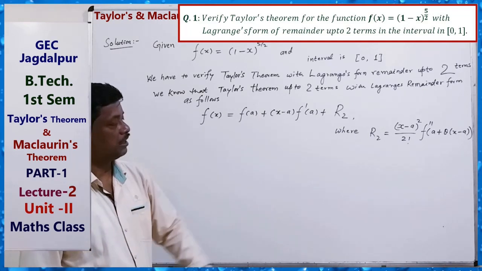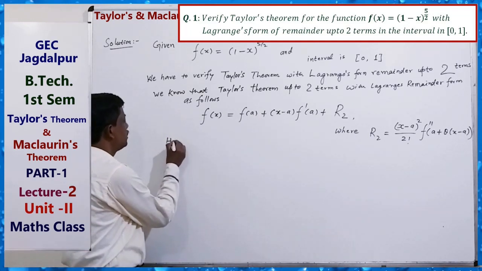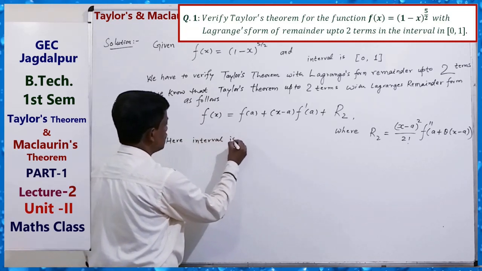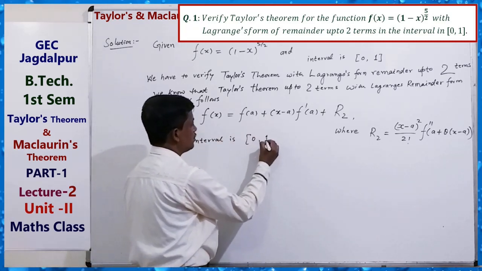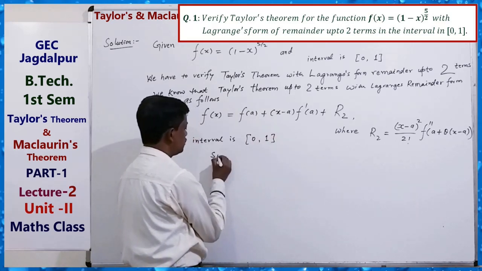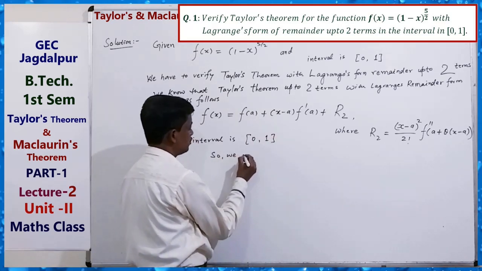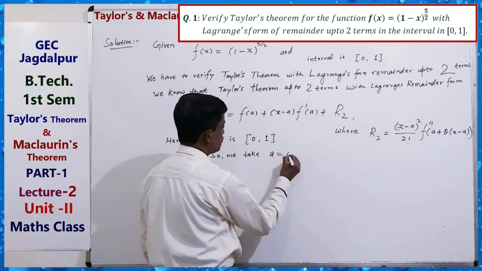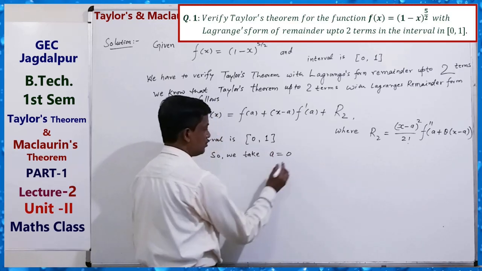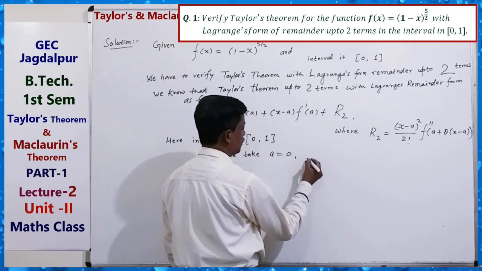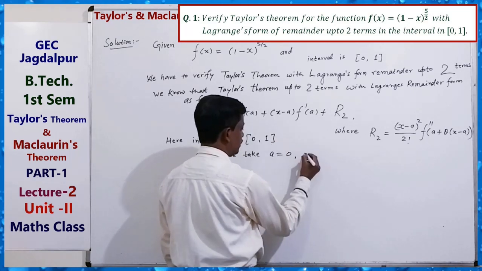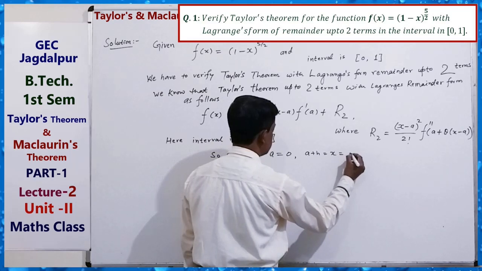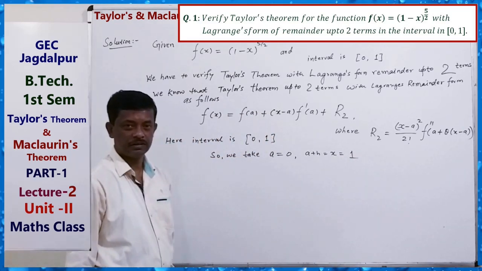Here the interval is 0, 1, so we take a equals 0 and a plus h equals x equals 1.